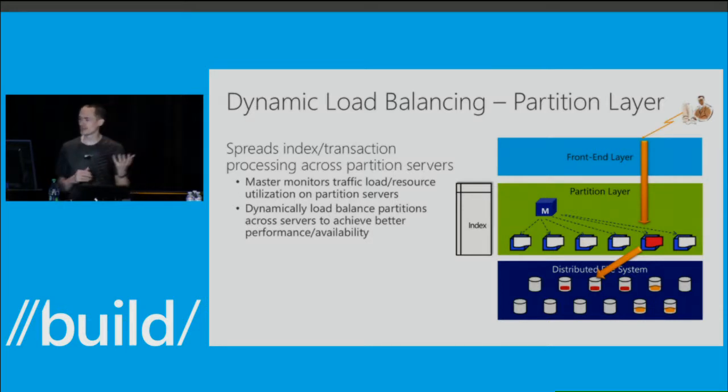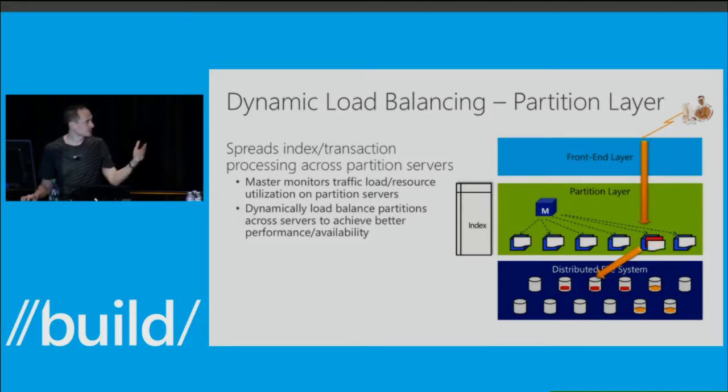That means too many requests are being sent to this partition key range. Okay? The master will realize this within a few seconds. It'll say, okay, I need to load balance it. There are many different ways we can load balance it; they're talked about in the SOSP paper. One option is we can take this range partition and split it into two smaller range partitions. So let's assume we do that in this example.